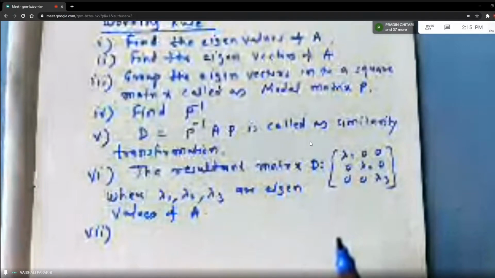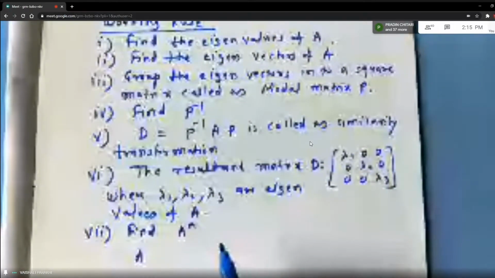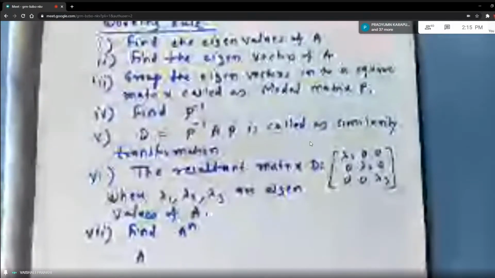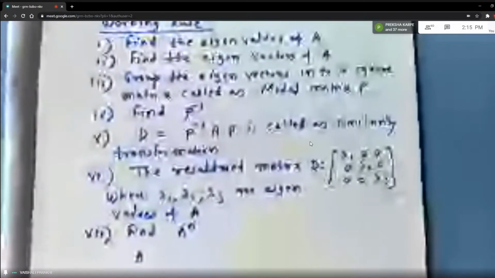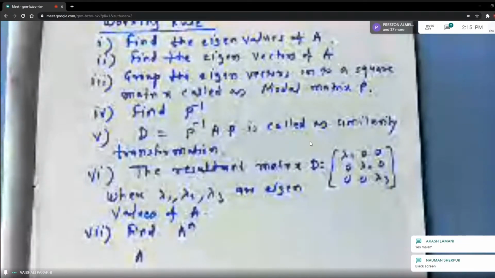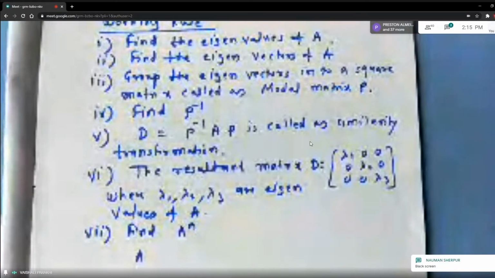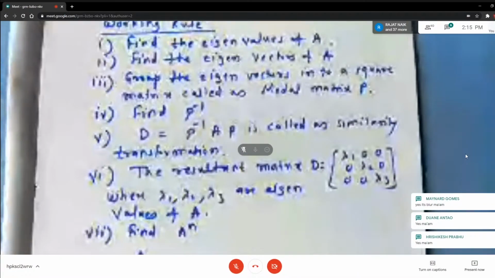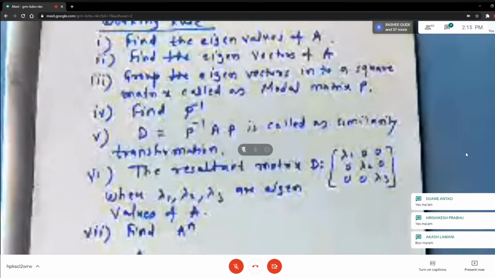Ma'am, it is very blur. Too much blur, ma'am. Not clear also. All are facing the same problem, students. Please tell me in the chat box.